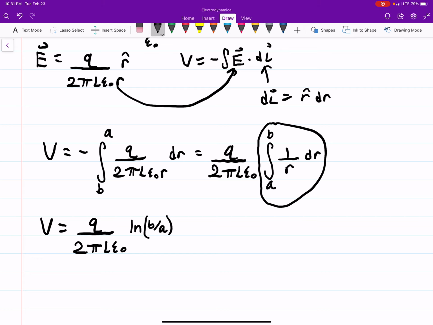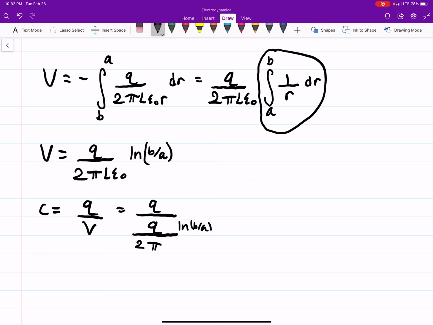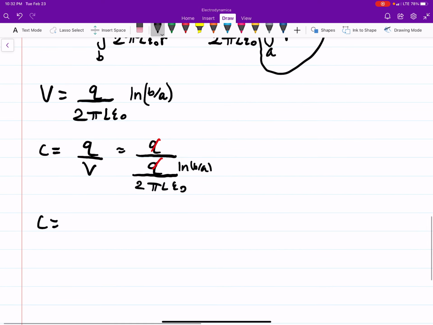All right, so we have our potential, and then we need to find our capacitance. Capacitance is going to be Q over our potential. If you plug that in there, you'll have Q over Q natural log of b over a, over 2 pi L epsilon naught. You can see the Q's drop, and our capacitance is then 2 pi L epsilon naught over the natural log of b over a.